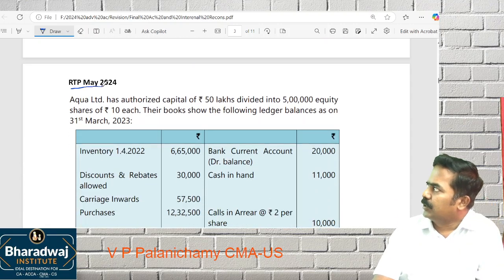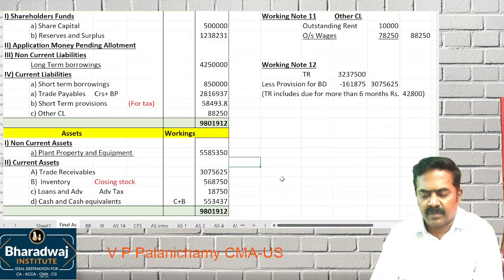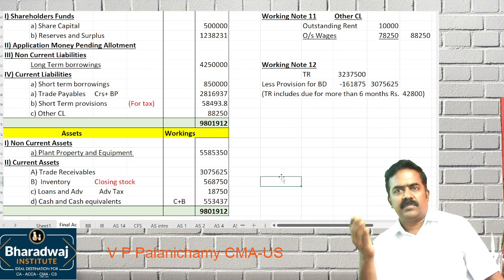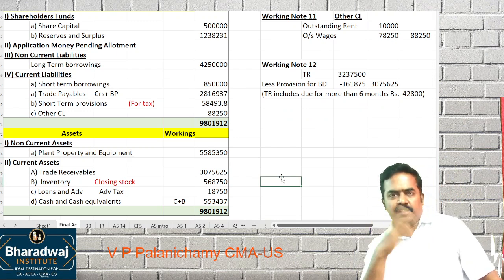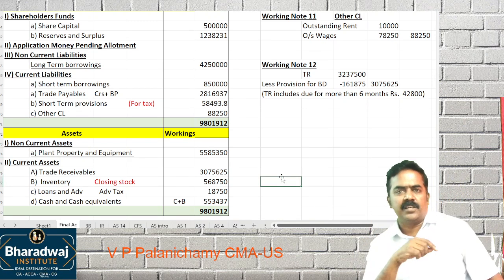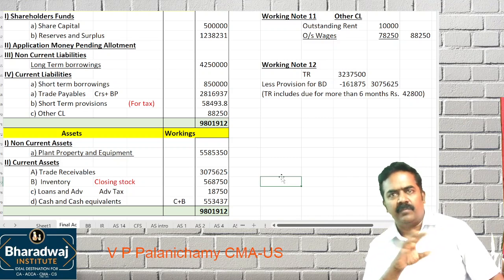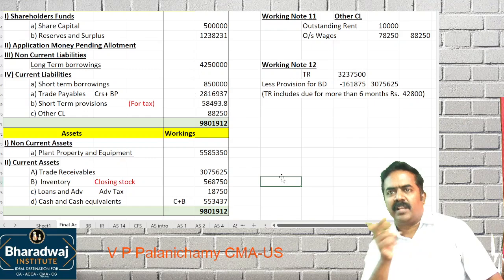Go to this RTP May 2024 and you are going to try. RTP, that second page. On the declaration of dividend out of reserves, I'll recollect fully and then we'll do it separately. I'll go to the next question.